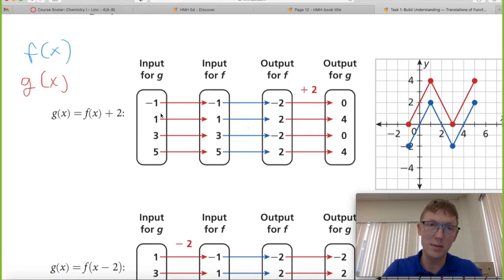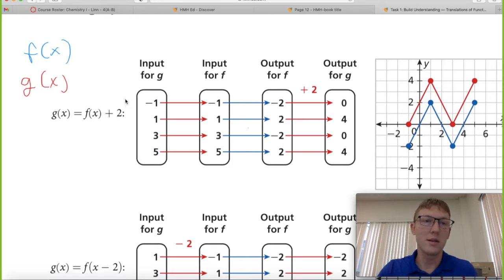And you'll notice that we can plug in a bunch of different values, and they're all going to be two units greater than the original f of x. So when we graph that out, our f of x is right here in blue, and our g of x is just 2 units above that. The exact same function, just translated 2 units up.